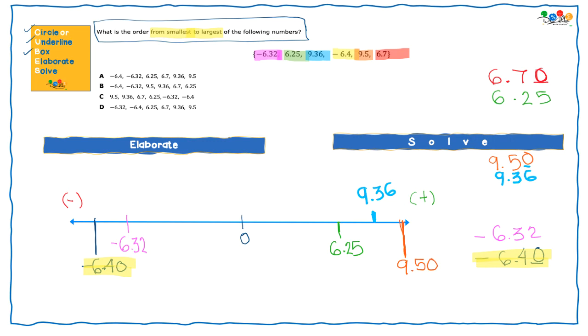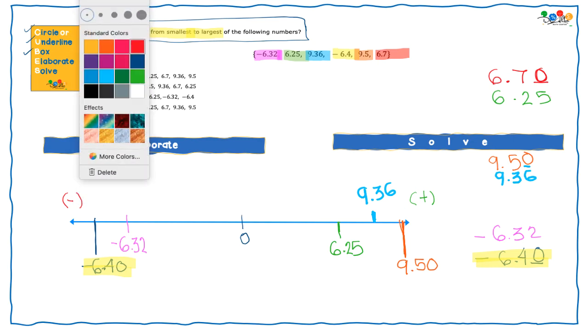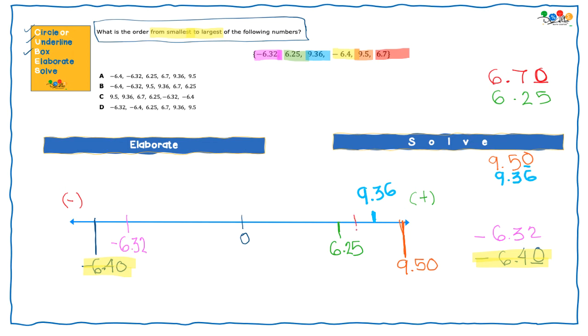Now I can see very well that 6.70 should come after 6.25. So I'm going to put it maybe here, and I'm going to put the label on top so my numbers don't get crowded. So that should be 6.70, we said. Awesome.